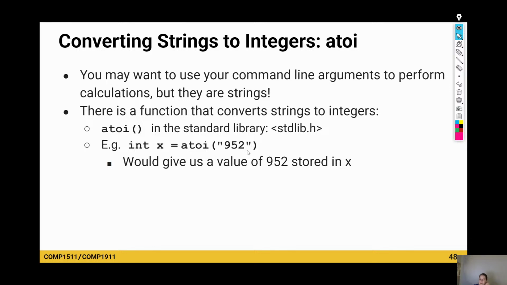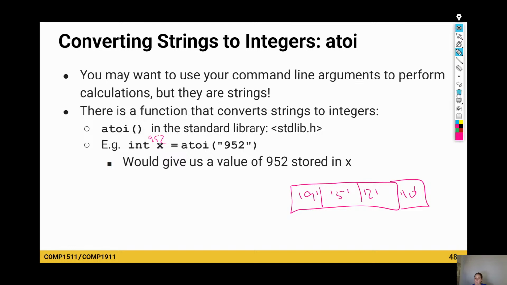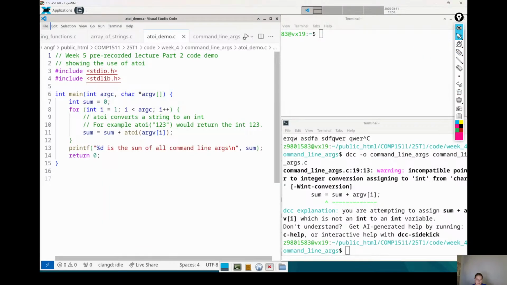So this takes the string 952, which looks like this, which we cannot do maths on, and it converts it into just a normal integer 952 that we can do maths on. So if I've got command line arguments and I need to add them up for whatever reason, I would just put my argument into atoi to convert it to an int.